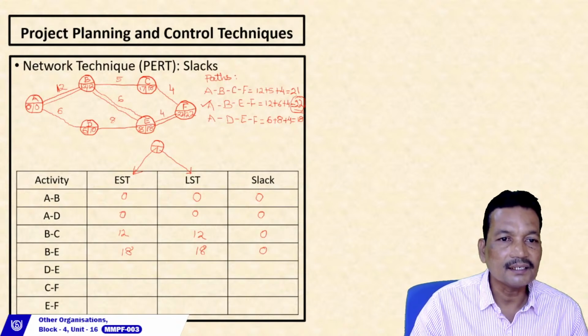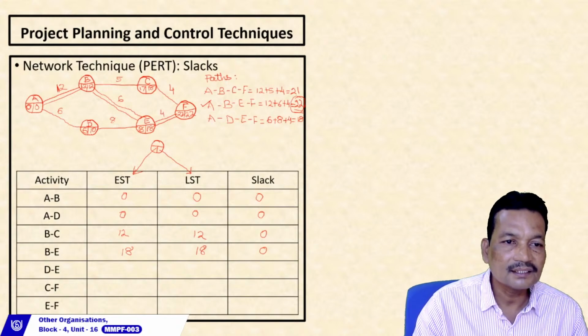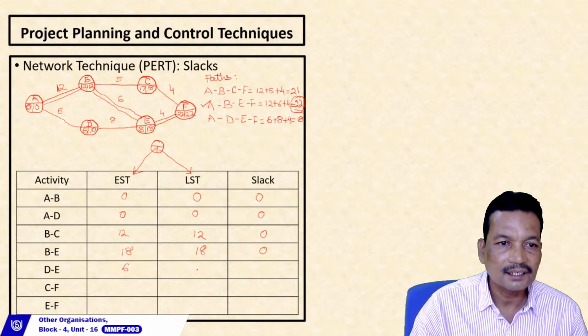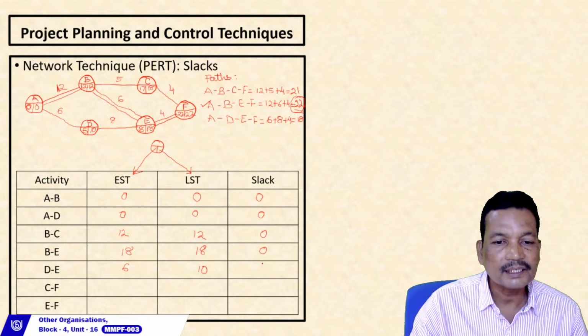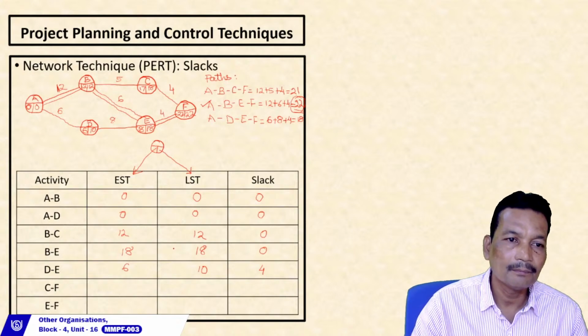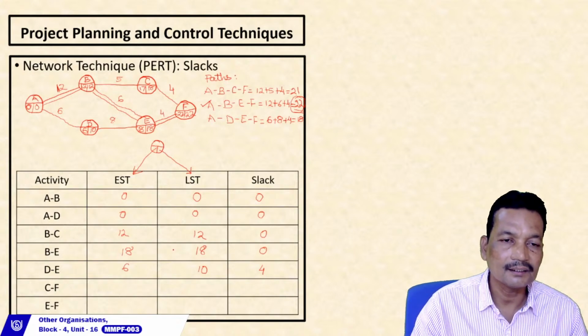For DE, if we look at DE, 6 and 10, earliest is 6, latest is 10. So we can make a delay of 4 days in path DE.